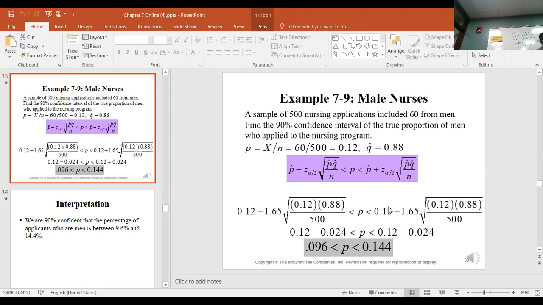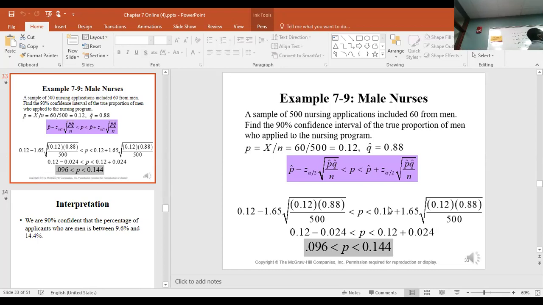Let's look at this example. A sample of 500 nursing applications includes 60 from men. Find a 90% confidence interval for the true proportion of men who apply to do nursing. So here we are told that a random sample of 500 applicants are selected and 60 of them are men.